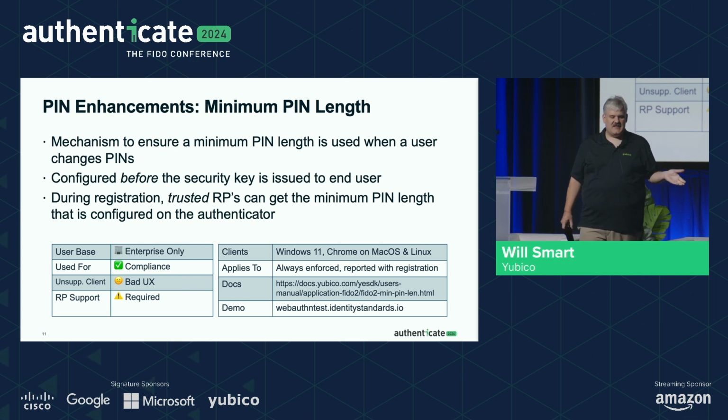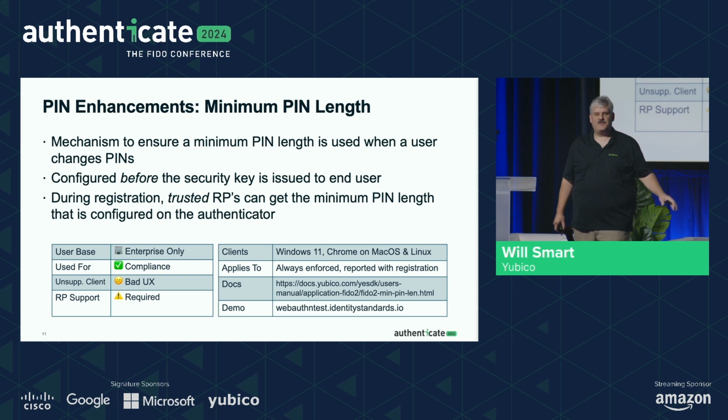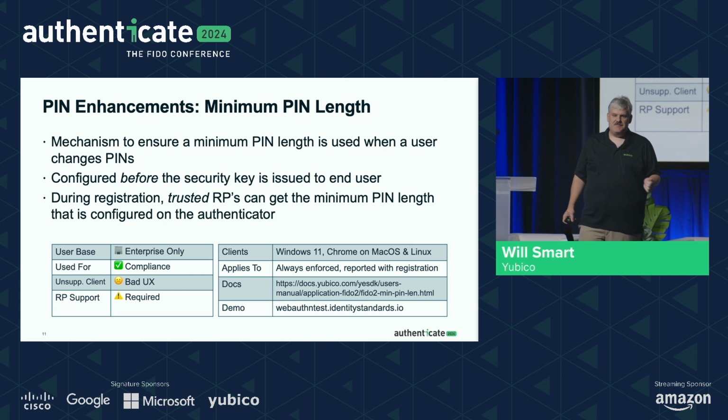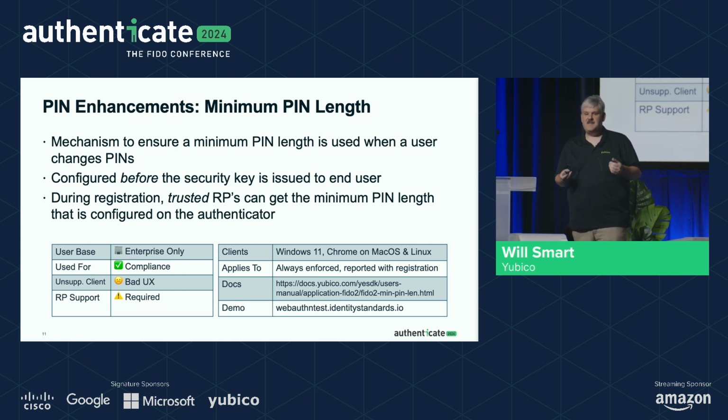It provides a mechanism to set that PIN length and then for certain relying parties to read that PIN length back and get the minimum PIN length that was set during registration. Because minimum PIN length is ratcheting and you can't reduce that minimum PIN length without resetting the key, you as an organization can be sure that that PIN will never drop below that minimum length.